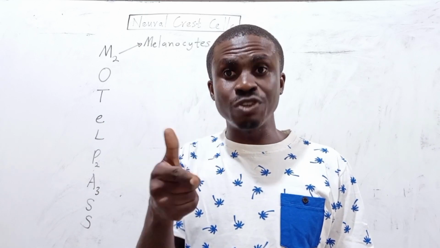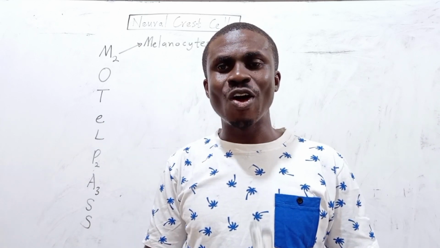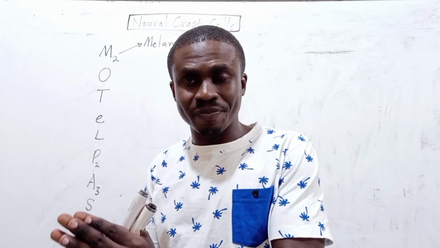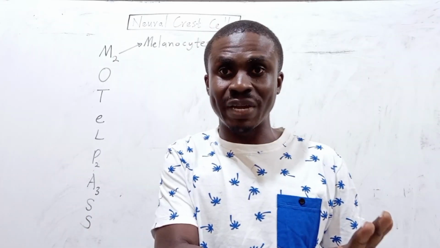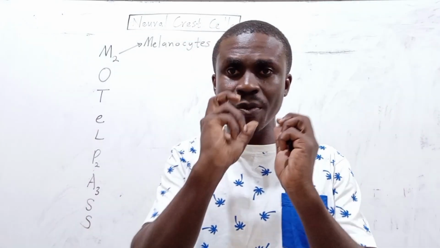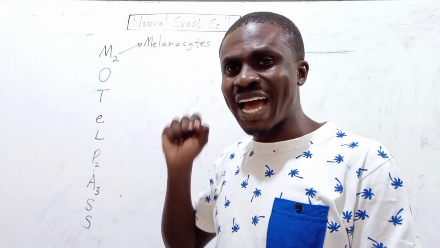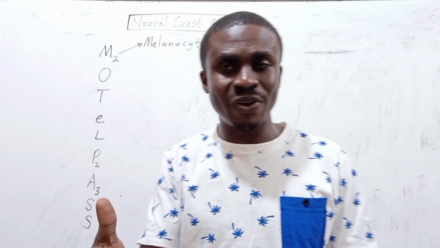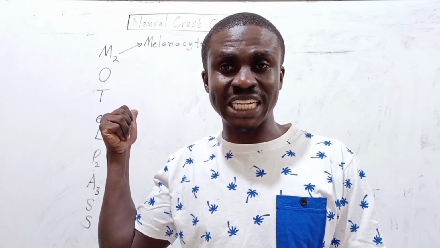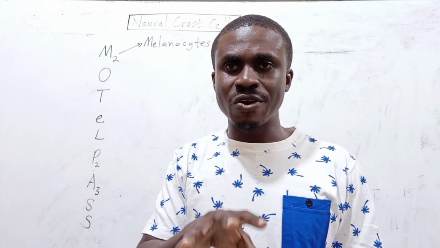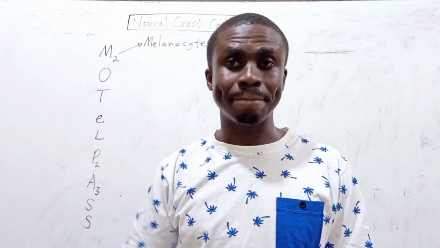Now, my friends, what I want to tell you is that all pigment epithelium except retinal pigment epithelium, and of course the retina itself, which will be coming from the neural tube or the neuroectoderm, all the other pigment epithelium, including the melanocyte, importantly, will be coming from neural crest cells.